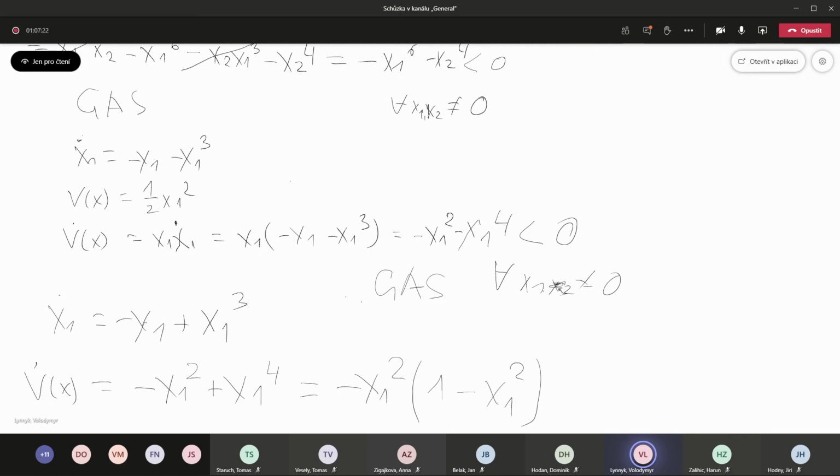And we can see that this function is negative definite only if x1 is greater than -1 and less than 1.